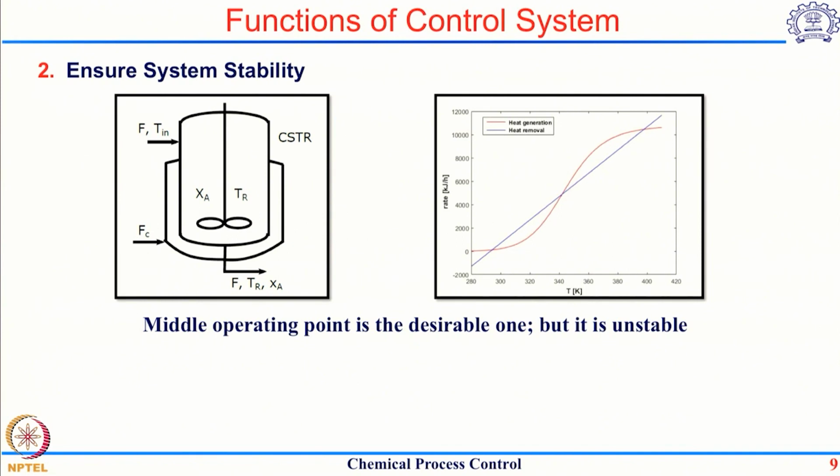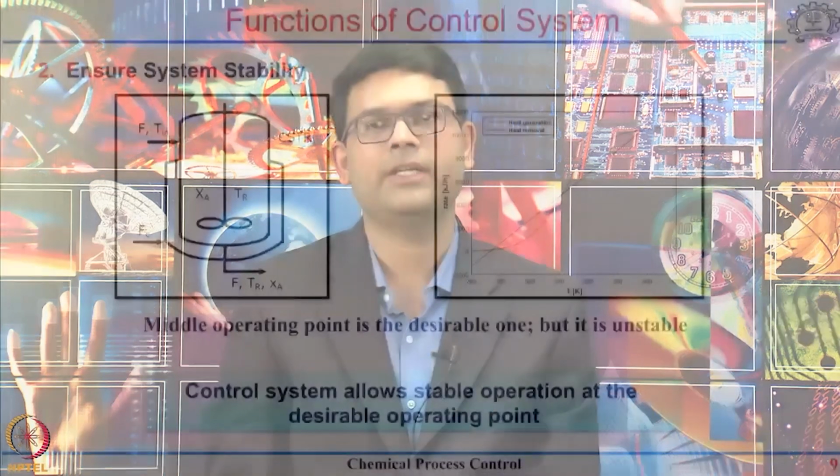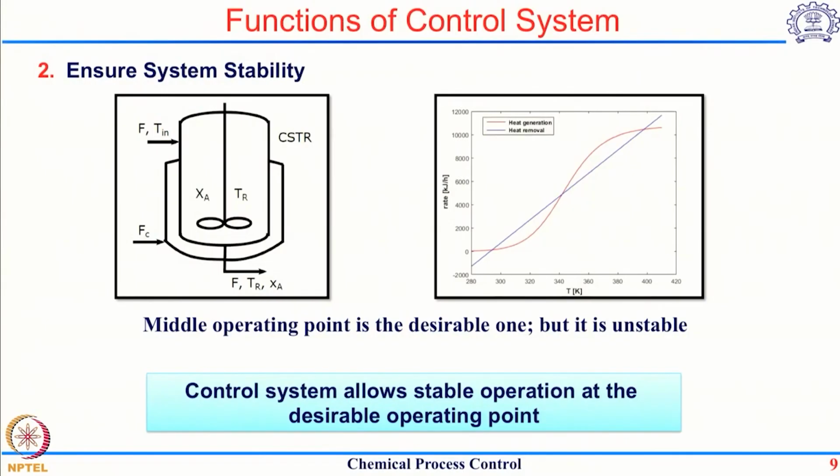In case there is any disturbance, this controller will change Fc such that the rate of generation of heat is always maintained equal to rate of removal of heat, so that unstable steady state can always be maintained even though it is unstable. So sometimes the control system is also installed to ensure stability of an unstable operating point. And lastly, process control system can also be installed to optimize performance of the system.